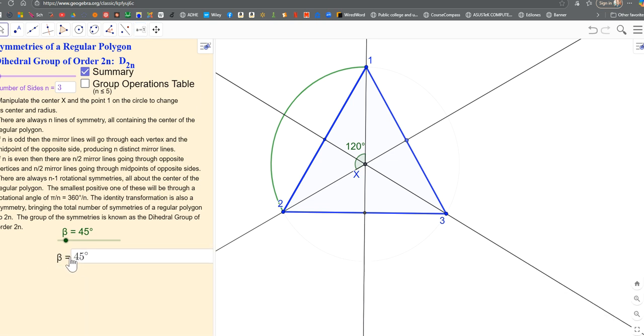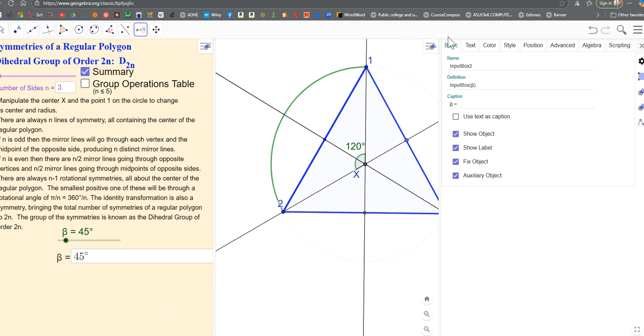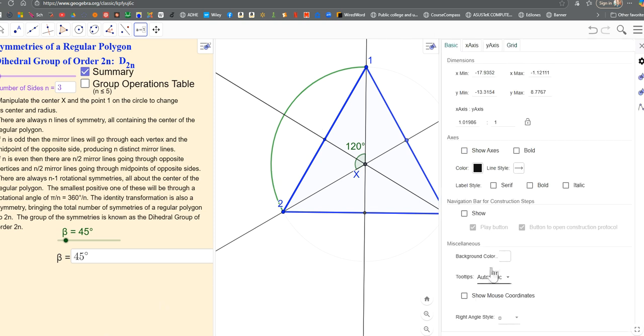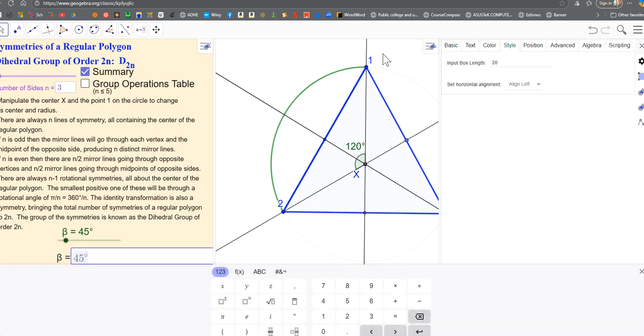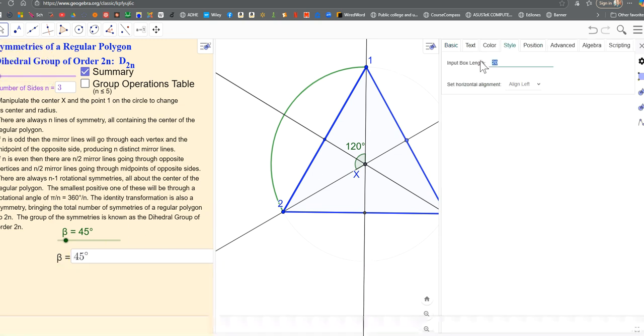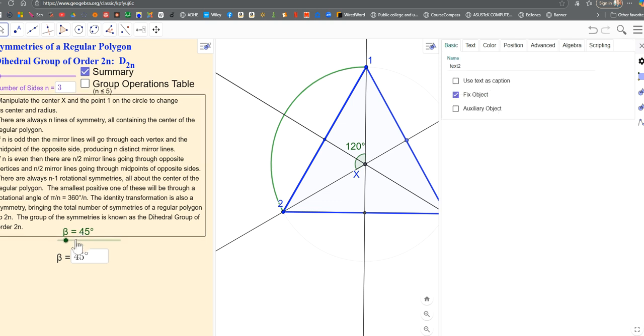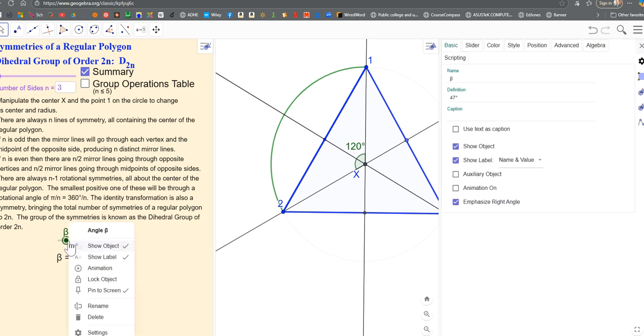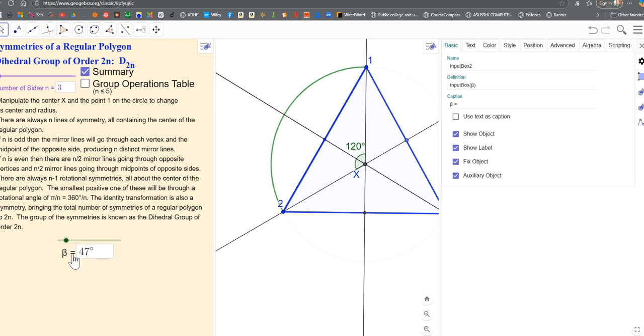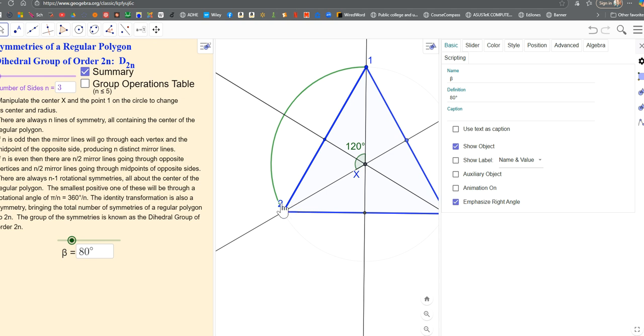Okay, let me do a couple things here. I don't like the length of that box, so I'm going to make that 5. That's enough. And then we don't need to show the label on this one because I've got it below. Okay, so we got an input box slider combination.